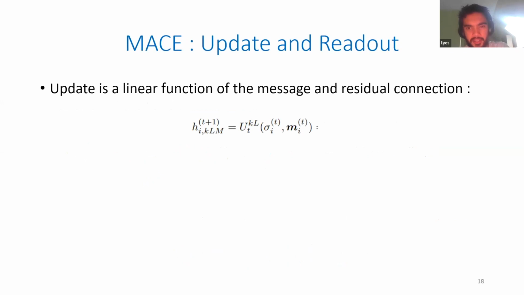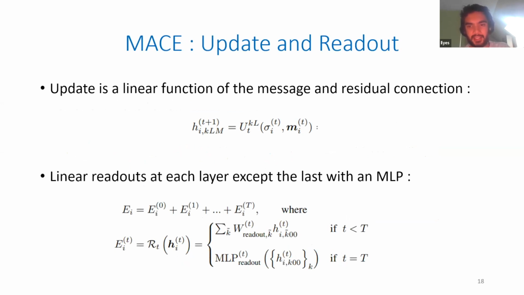Then when you have created your message, you update your features by just a function of the previous state and the message you have just created. And then you need to map the state of all atoms to energies. And in MACE, the particularity is that you read off the state at each layer, and then you have a readout function for each layer, and each layer will be a term in this body order construction.